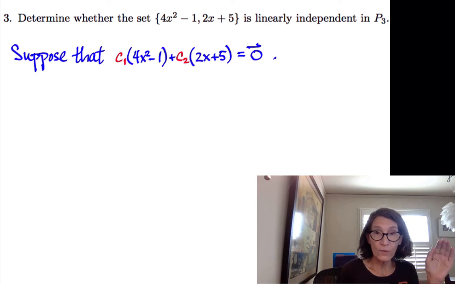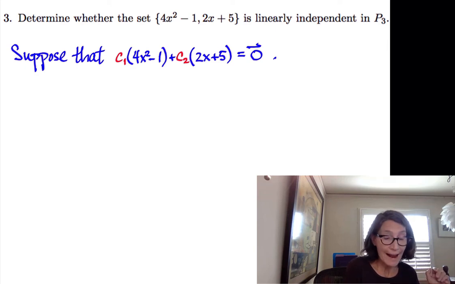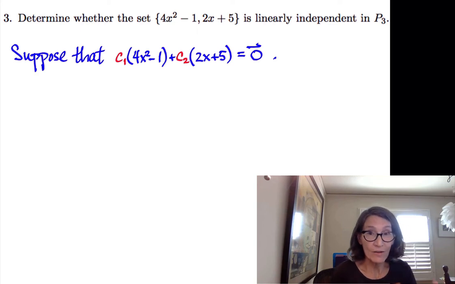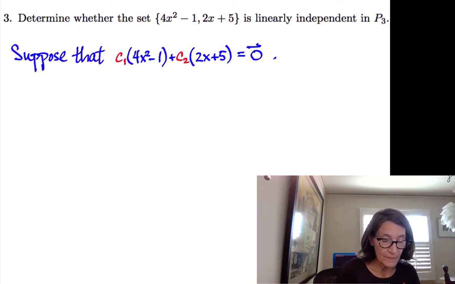The zero with a hat on it is, if it's typewritten, a boldface 0, but when it's handwritten, we have to put a hat on it. It doesn't mean 0, and it doesn't mean an ordered pair of zeros. It means the additive identity element of that particular vector space. So in this vector space, that means the zero polynomial of degree 3.